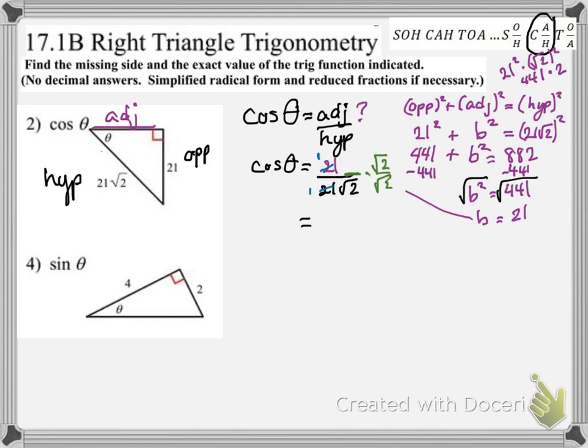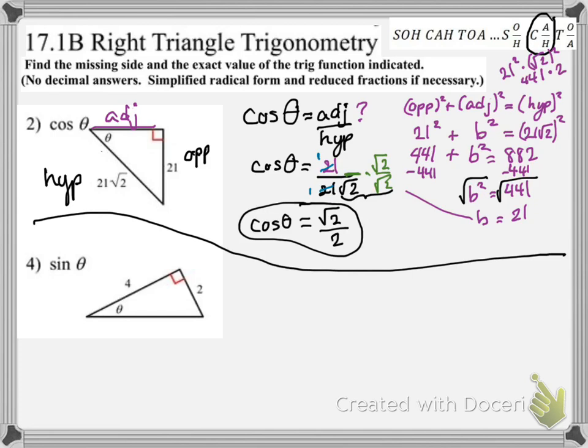I now have on the top 1 times root 2, which is just root 2. On the bottom I have root 2 times root 2, which is root 4, or plain 2. So cosine theta equals root 2 over 2. You'll find that that happens whenever your opposite and your adjacent turn out to be the same size.